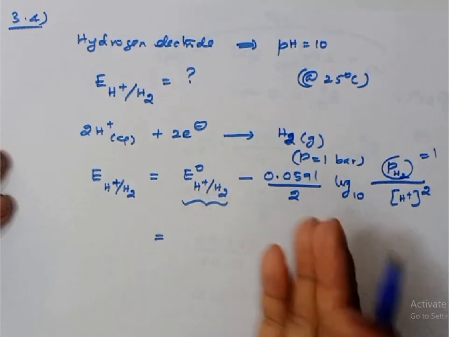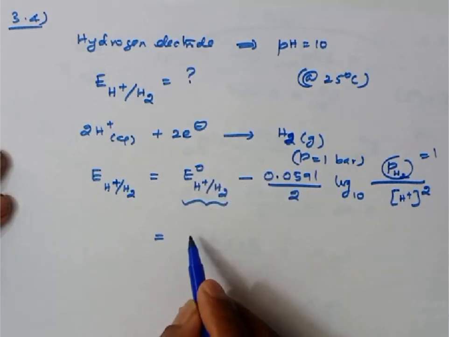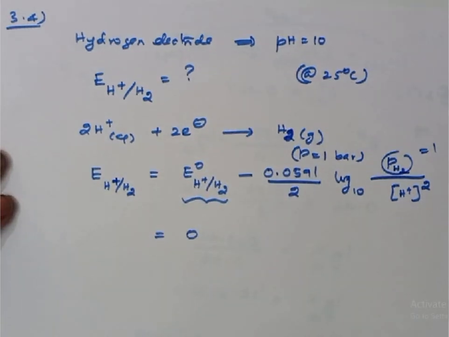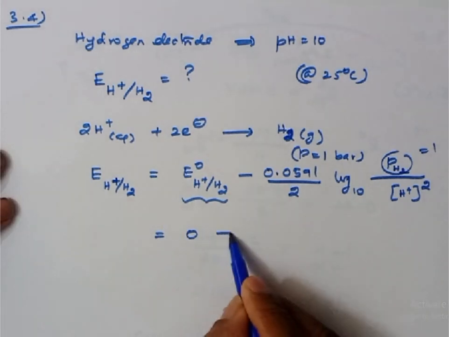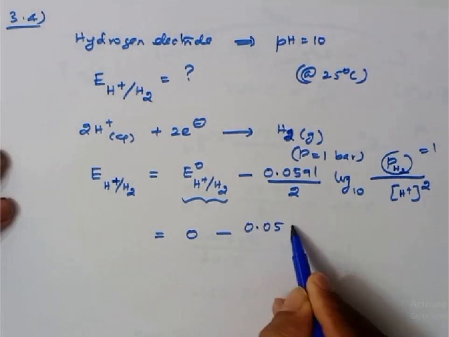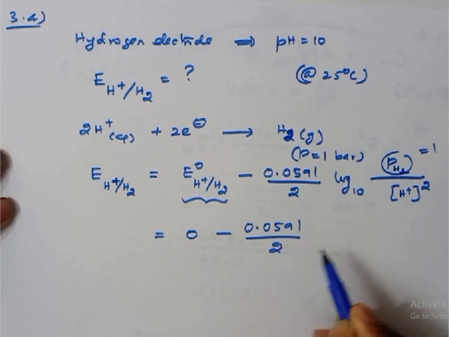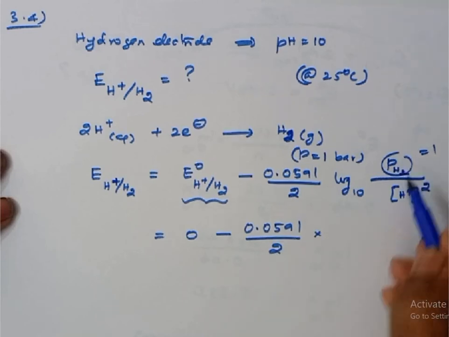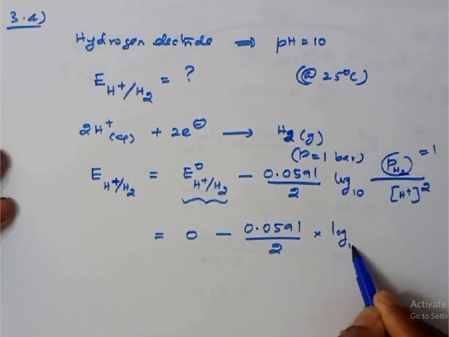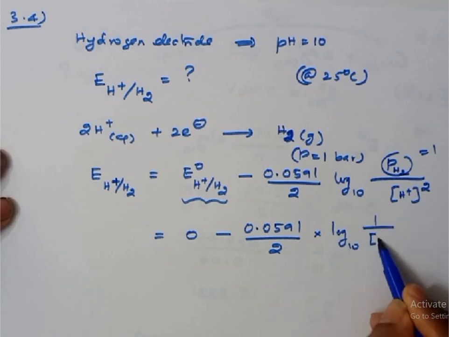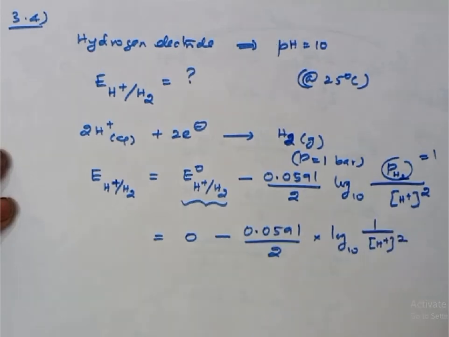Whether it is reduction or oxidation, this potential is arbitrarily assumed as 0. So the value is 0 minus 0.0591 over 2, and since the pressure is 1 here, we get log base 10 of 1 by the concentration of H plus power 2.